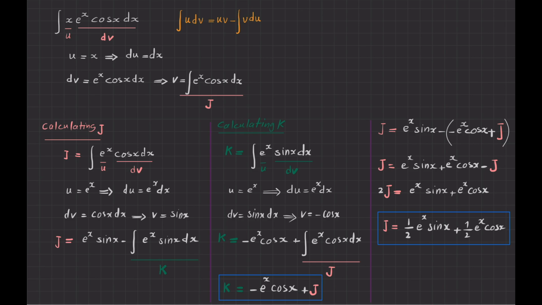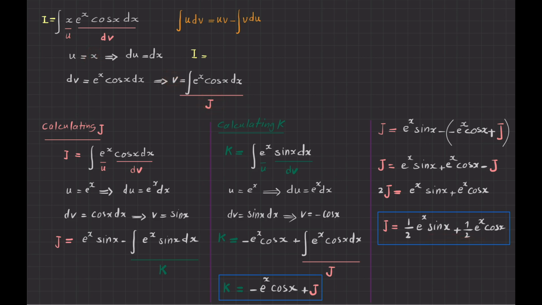Now we know j. j is actually the v that I needed. So now I go back to calculate my original integral. Let me give it a name, I. In order to calculate I, I need to multiply u by v. This is u in this problem, v is equal to j, and j is this one.